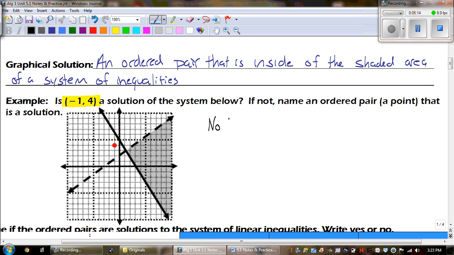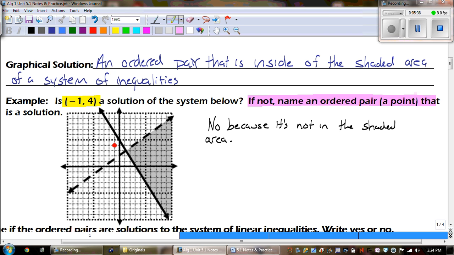So is it a solution? No, because it's not in the shaded area. Now, that's not all it asked. It asked, if not, name an ordered pair that is a solution. There are multiple different points that you could use right here. I'm going to go with the point (5, 3).